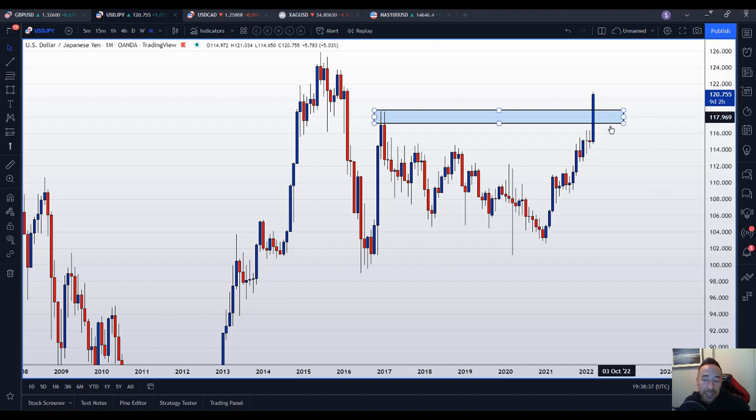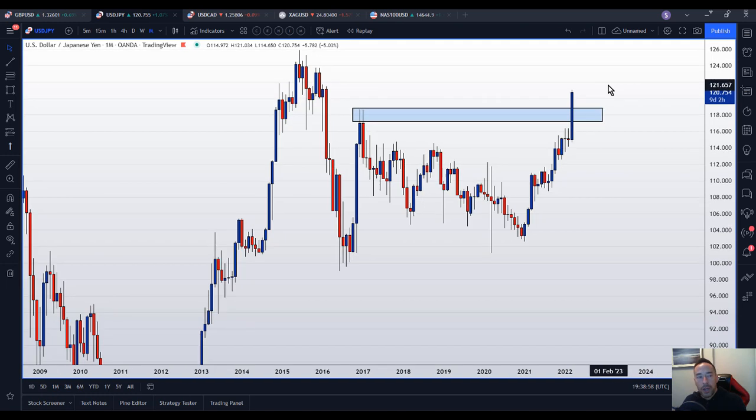Now the question is, how far is this going to go up? How far are these yen pairs going to move north before we at least see a correction? Maybe we want to look for a retest of this 117.50, 118 level. Well, we don't know.